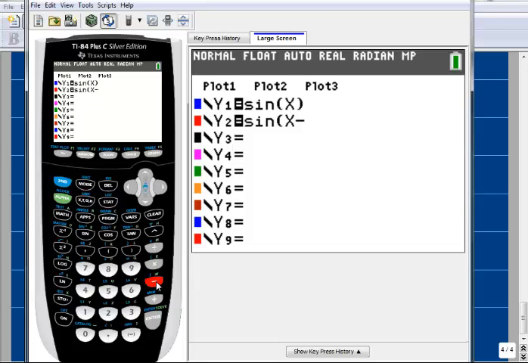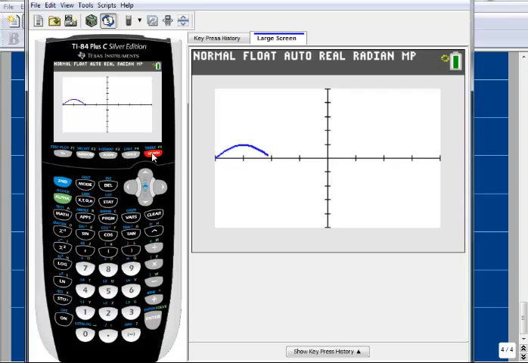Remember, our x-axis represents radian measure, and when I shift left or right I like to do it in multiples of pi so we can see what's happening. I'm going to subtract pi over 2 from x, so my function is y equals the sine of the quantity x minus pi over 2. My red graph now shows my original function shifted to the right by pi over 2.